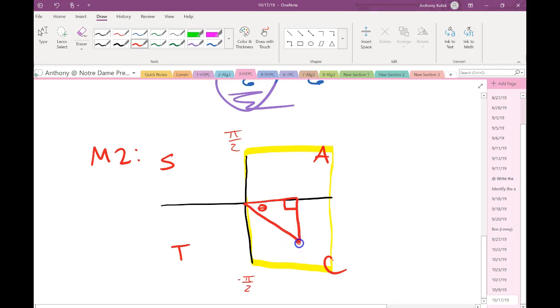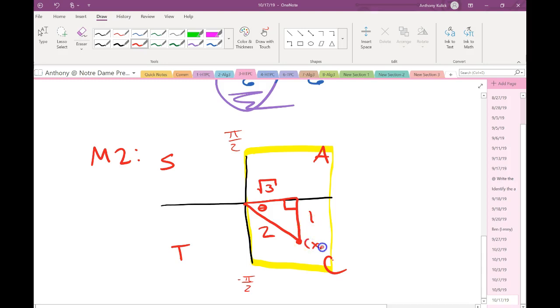Now, I remember that sine is opposite over hypotenuse, right? And if I use the Pythagorean theorem, I can figure out this third side as the square root of 3. But remember that sine of negative 1/2 isn't exactly opposite over hypotenuse.